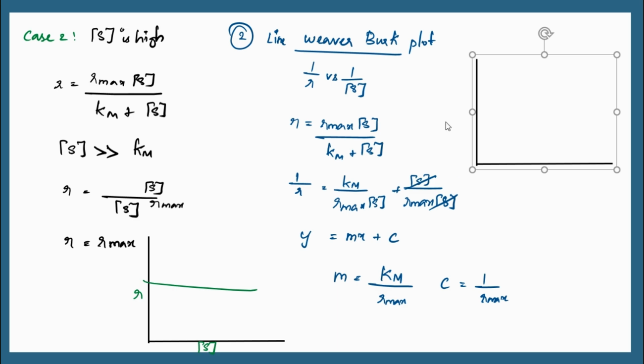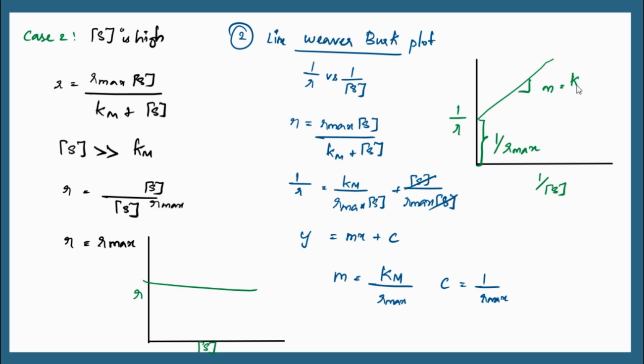Okay, so if you now plot between the inverse of rate and the inverse of concentration of S, this is a straight line, but with an intercept value, so this is going to be basically like this. So this is your intercept which is 1 by R max. Okay, slope m will be equal to Km by R max.